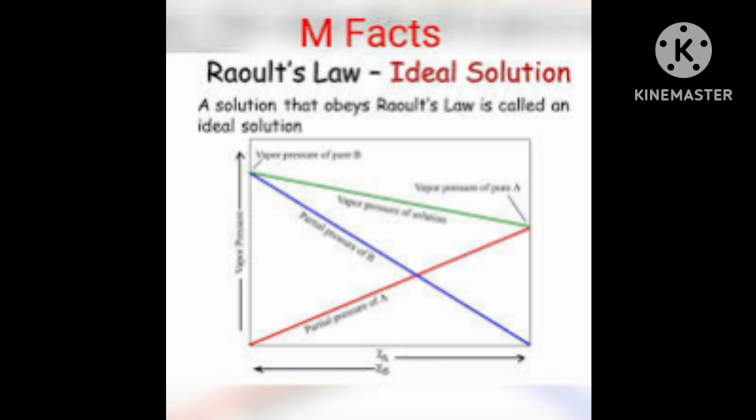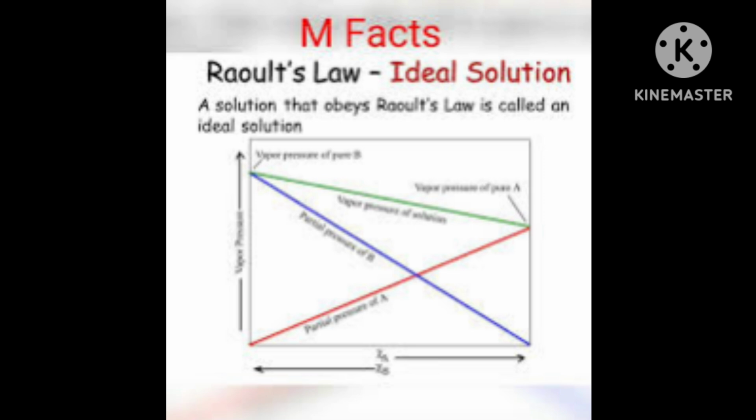P1 0 was there, then now you will see that its vapor pressure is more than the first one. That you can consider as P2 0 because it is also pure.